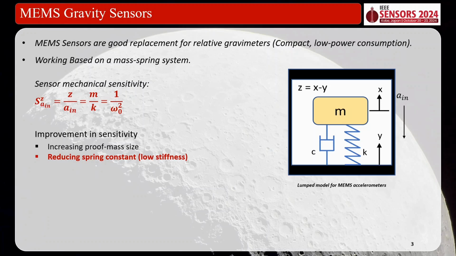Or we can say that it's inversely proportional to the natural frequency. So to improve the sensitivity, one solution is increasing the proof mass size, which is limited by the chip area in terms of microfabrication, or reducing the spring constant, or just dropping the stiffness of the spring.